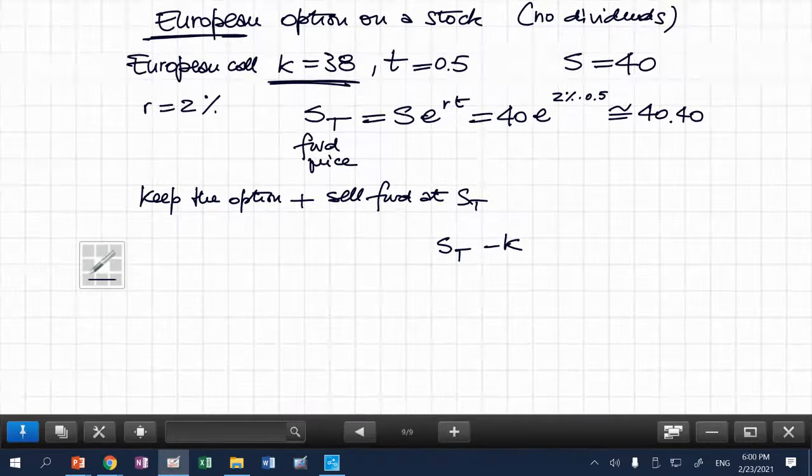Now, there is only one extra step missing, which is the following. When you have a European option on a stock, you typically pay the premium upfront, okay? So while in the case of the other option, I saw that when the option was trading 190, there was an arbitrage.